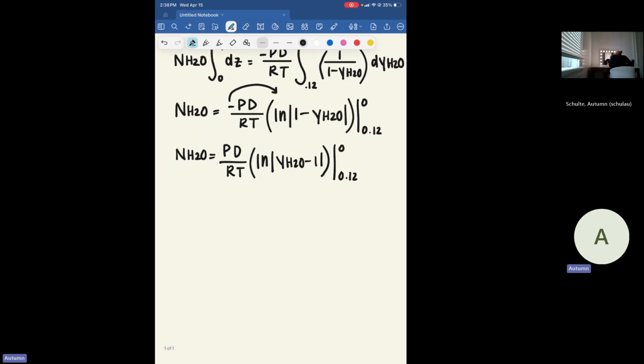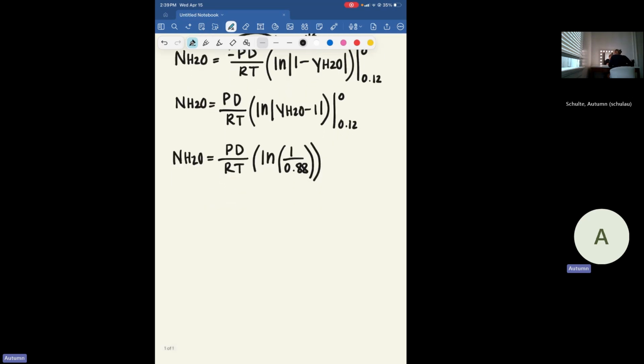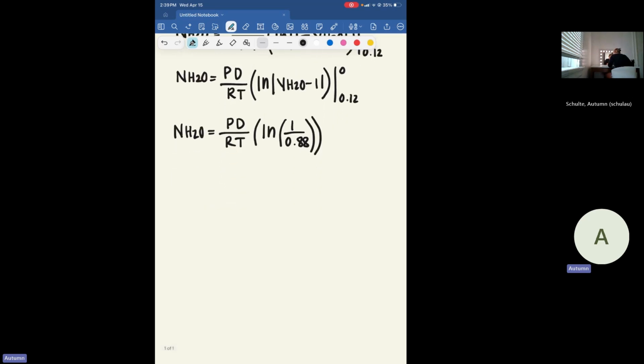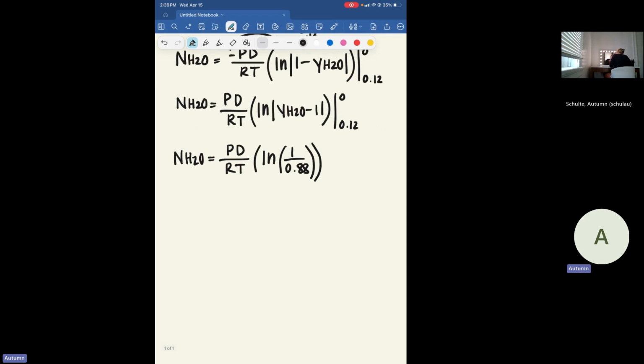If we put those parameters in, we have the molar flux of water is equal to our pressure, diffusion coefficient divided by gas constant and temperature, multiplied by the natural log of 1 divided by 0.88. Now we can start plugging things in.